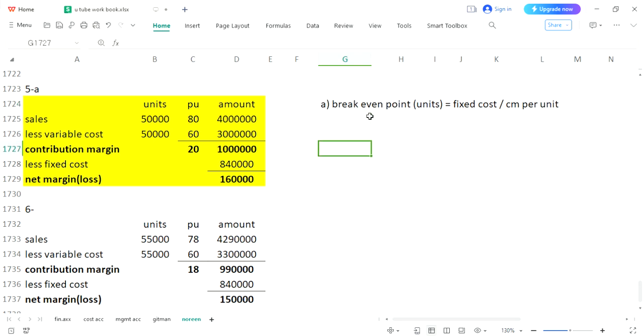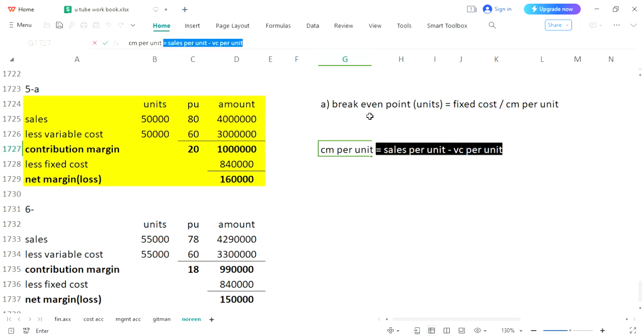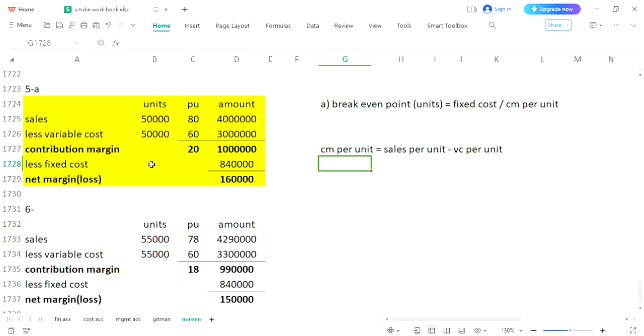Okay, for that we need to have contribution margin per unit, which would be calculated when you have sale per unit and variable cost per unit, and you subtract it to get CM per unit. Since we are using this situation, because according to the question, use this to calculate the break even point.